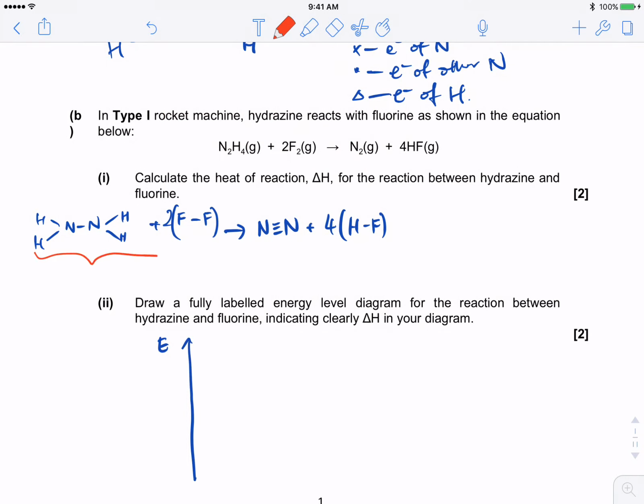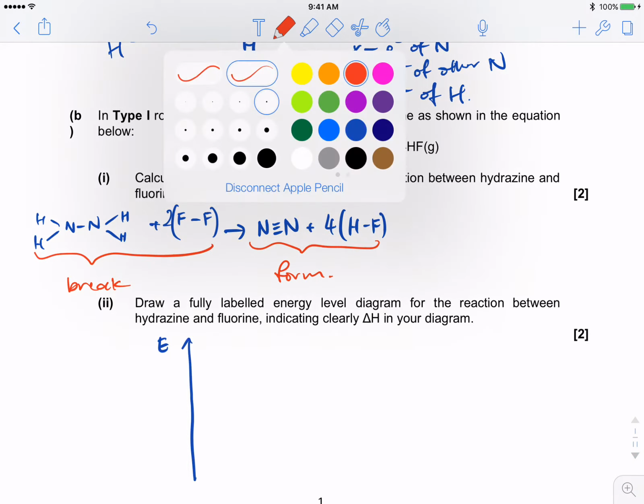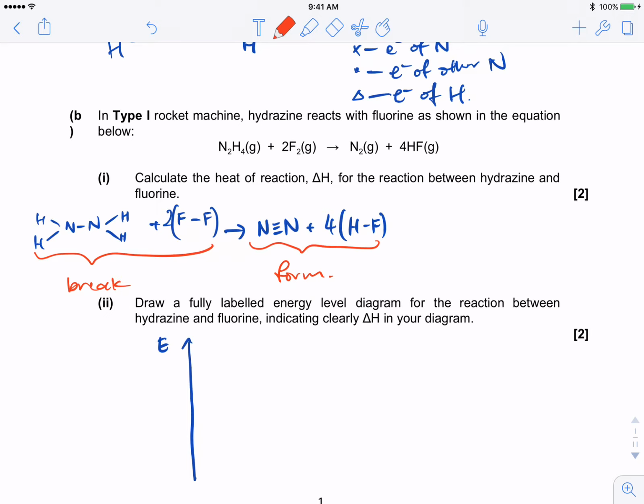Remember that for your reactants you need to break the bonds, and for your products you need to form the bonds. Also remember that this is energy required, and this is the energy that's given off.